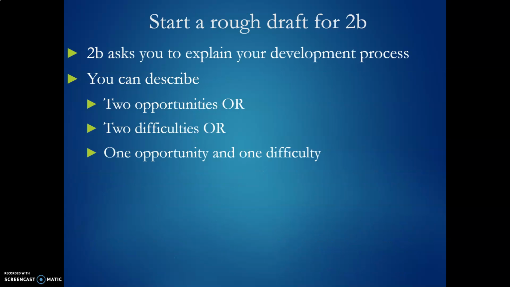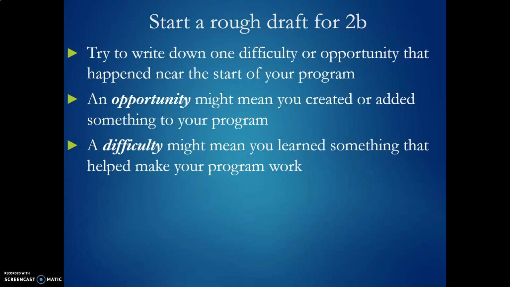Now, you can answer this by talking about 2 opportunities you had to improve your program, 2 difficulties, or 1 opportunity and 1 difficulty. An opportunity means you're working on it, you realized, hey, I could add this extra feature, or I could make the code better. Difficulty would be like, I'm not going to be able to implement my original design. It's too difficult. It's going to mean too much coding, so I'm going to have to scale it back.